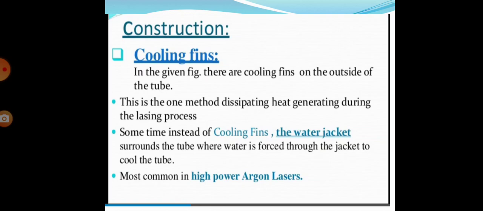This is one method of dissipating heat generated during the lasing process. Sometimes instead of cooling fins, a water jacket surrounds the tube, where water is forced through the jacket to cool the tube. This is most common in high power argon laser.